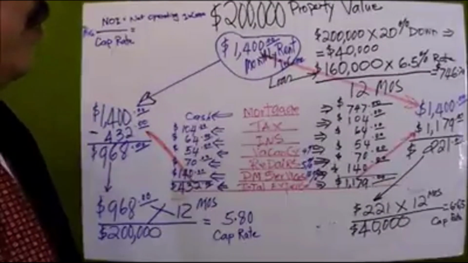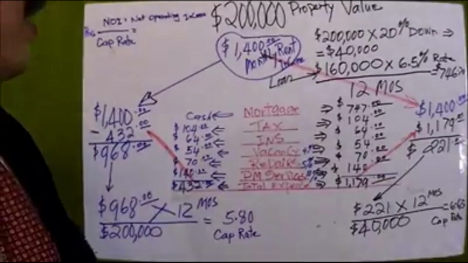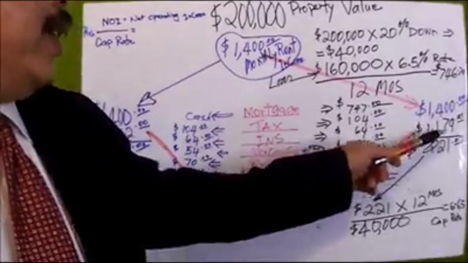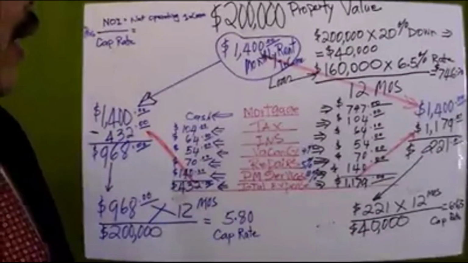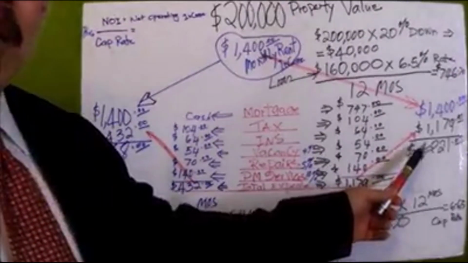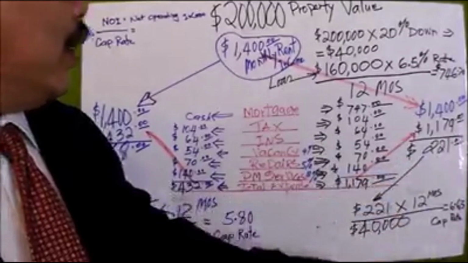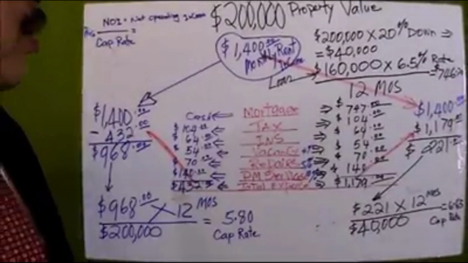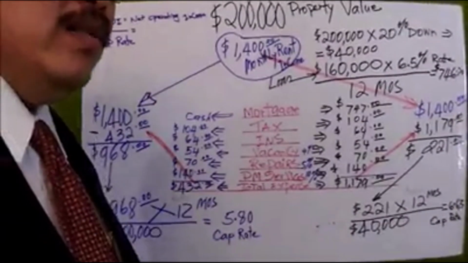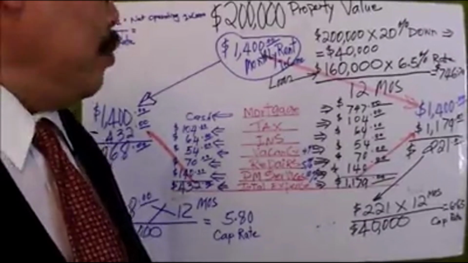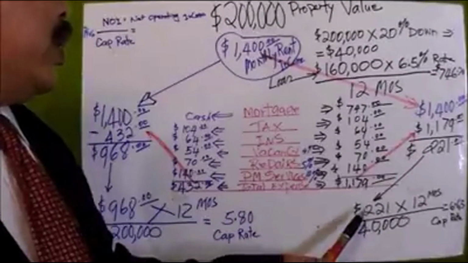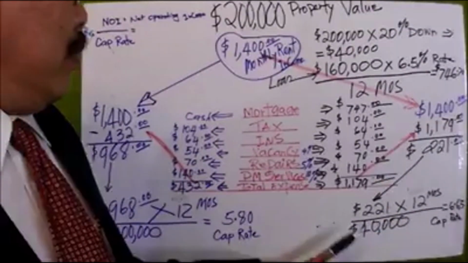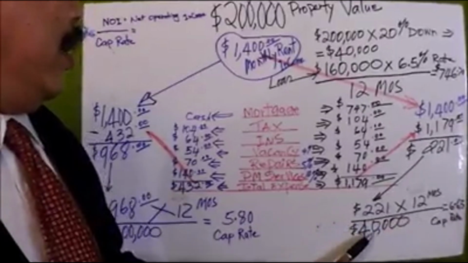Okay, so you have 1,400 baht monthly rental income, so you subtract $1,179 expense, so you have monthly income of $221. Okay, so you want to know the cap rate of your return. So you use 221 times 12, you divide by 40,000.